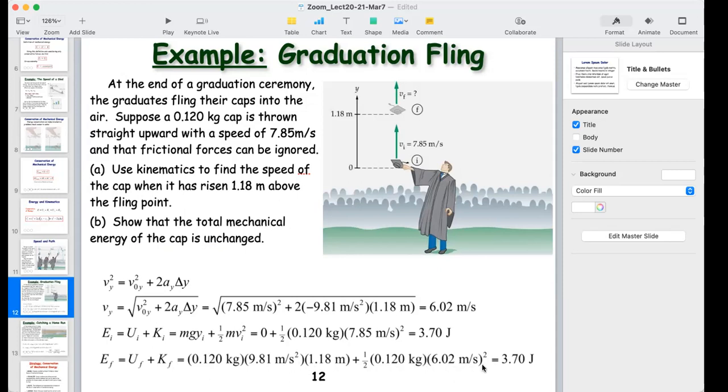So if I substitute all the numbers, I find exactly the same result, which means that delta E is equal to 0. Energy hasn't changed.